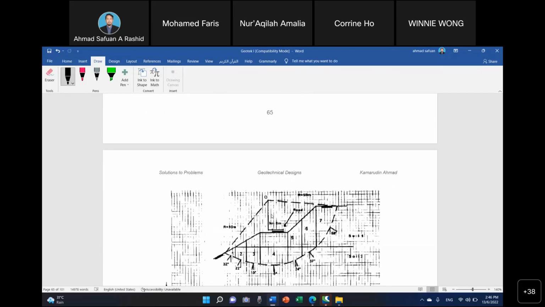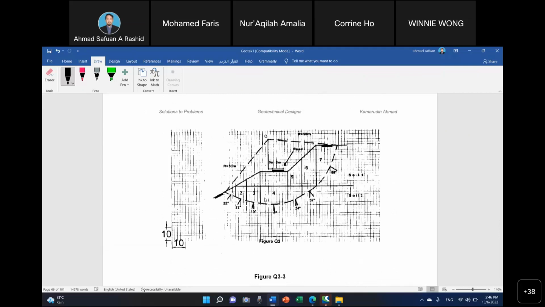So we look first at the example. The first procedure, as I told you before, is that it is better to plot the problem on grid paper, because it is easy for you to determine the height and also the width of each slice.